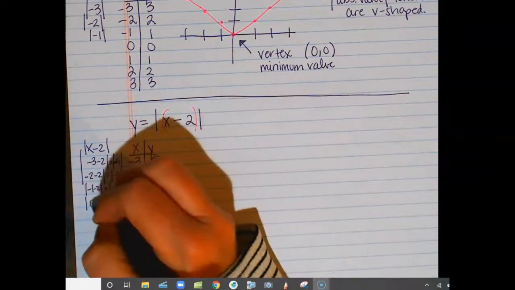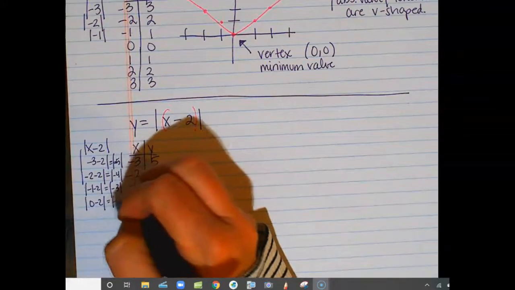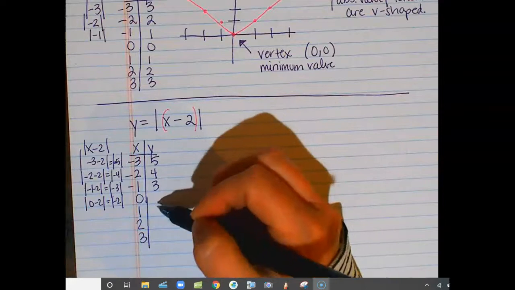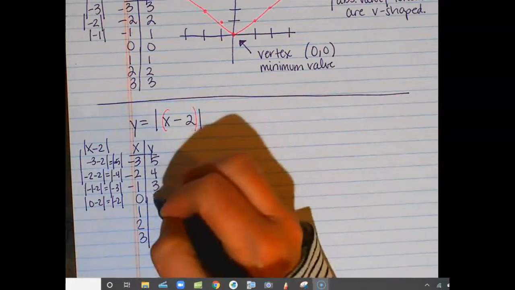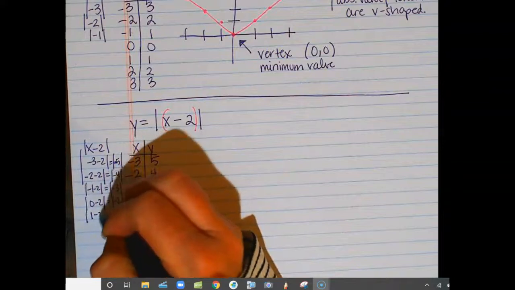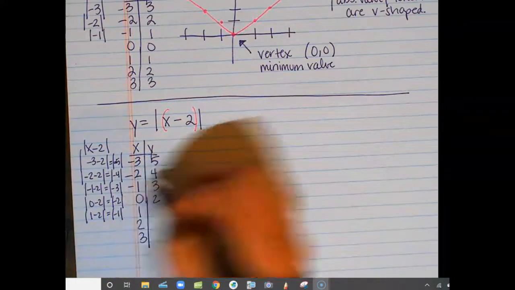0 will be 0 minus 2, which is -2. You can probably see a trend here, but I don't know where it's going to turn around, so I just want to make sure I do these right. I'm going to plug in 1. 1 minus 2, that's -1.